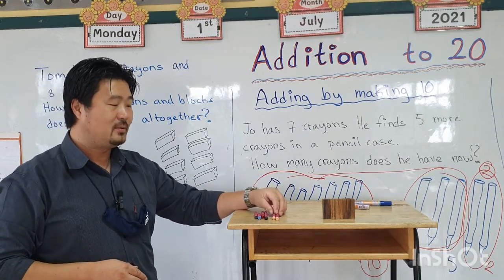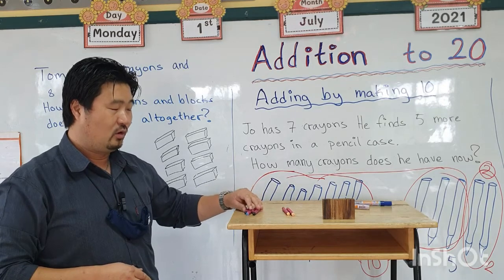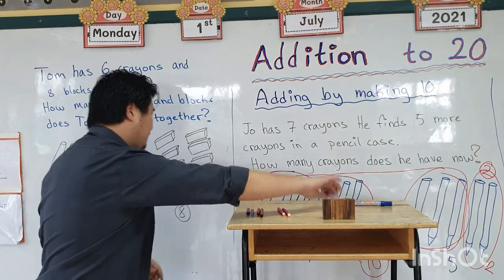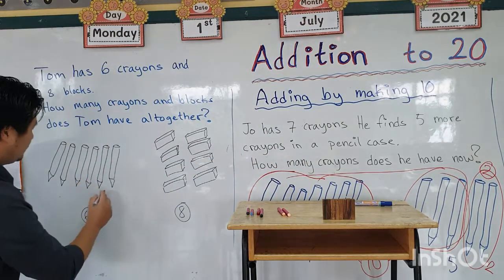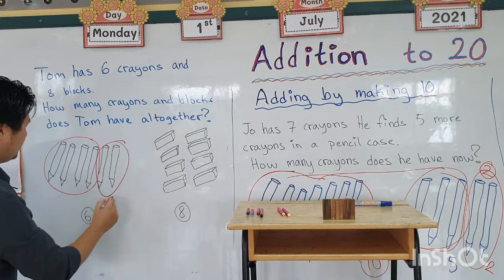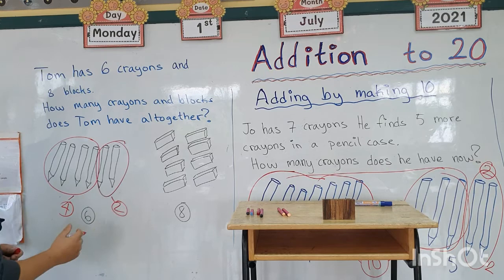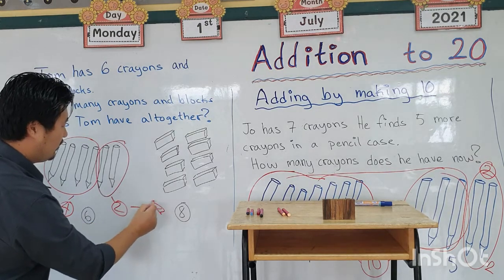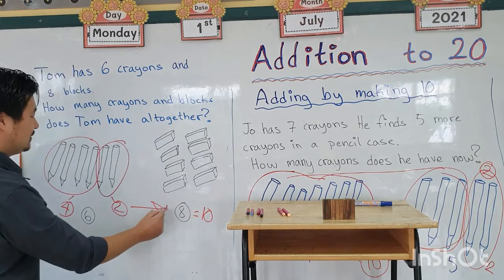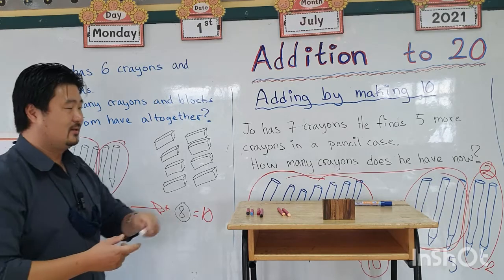So you need to separate the 6 into 2 and then 4. 2 and 4. Because 2 will go over to the 8 to make 10. 2 plus 8 equals 10.